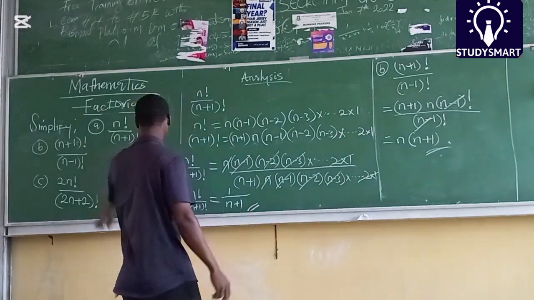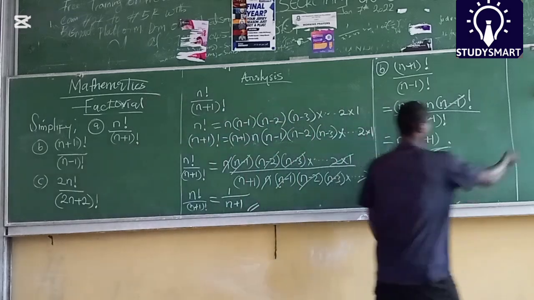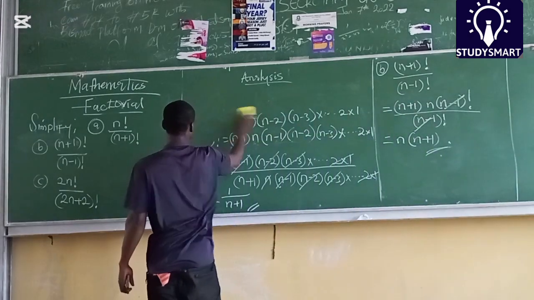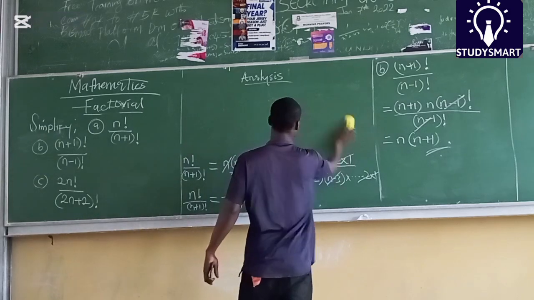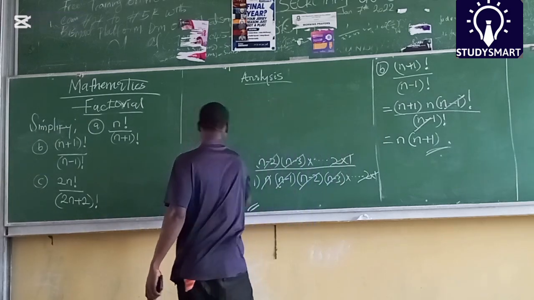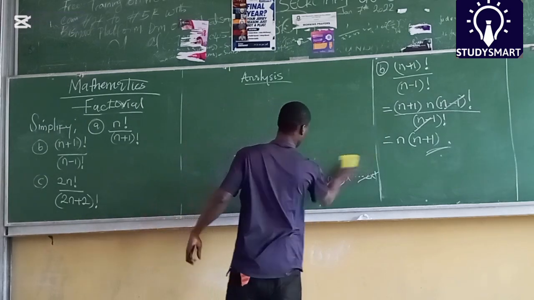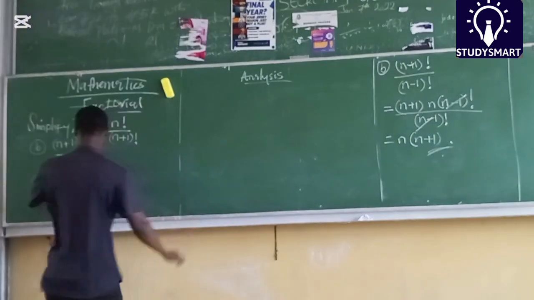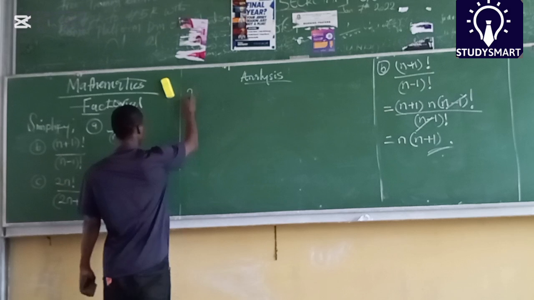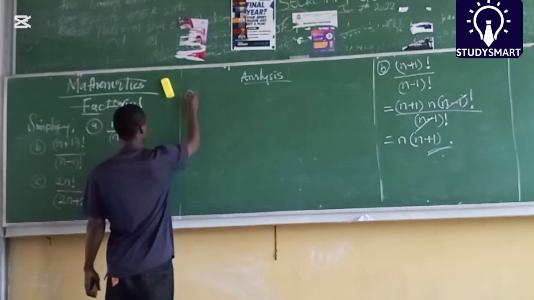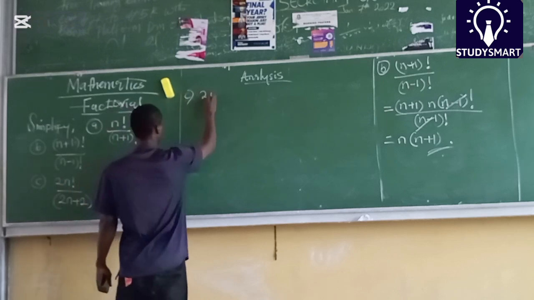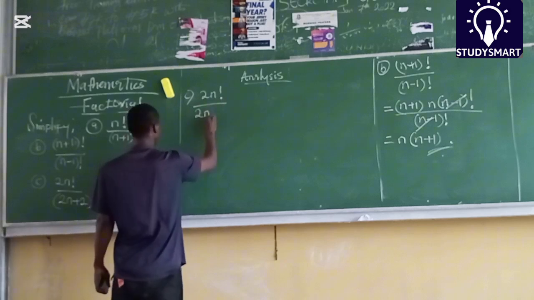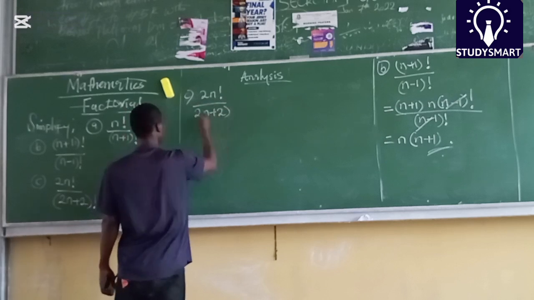And then lastly, we have question C: 2n factorial all over 2n plus 2 factorial.